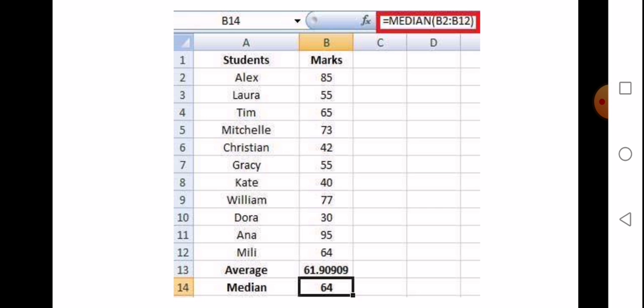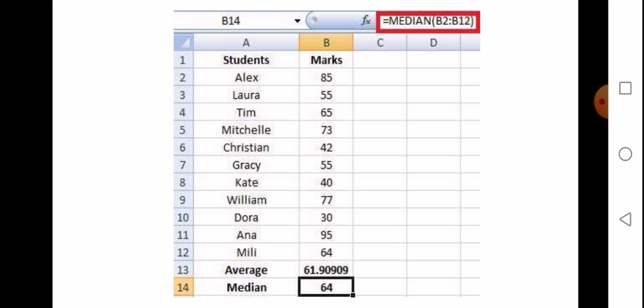Okay. So median is a function which is used to find the middle number in a given range of numbers. When you are finding the median manually, you need to sort the data in ascending order, but in Excel you can simply use the median function and select the range and you will find your median.